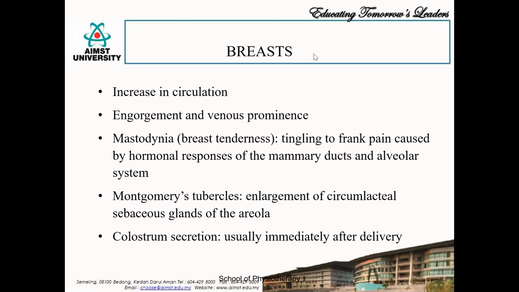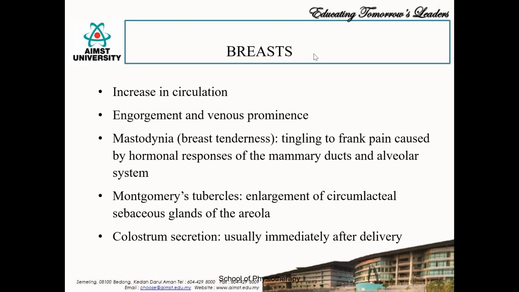This tubercle will undergo elongation, and it will sometimes secrete a particular sebaceous fluid, and this fluid will give extra lubrication or extra moisturizing for the nipple.